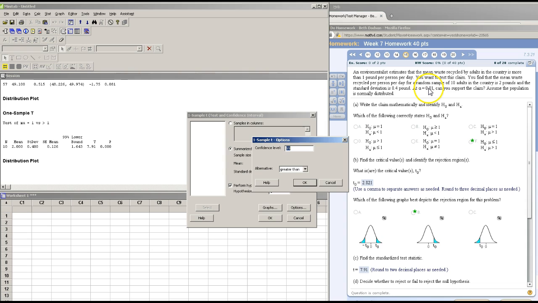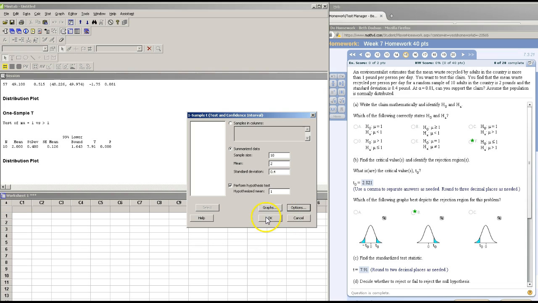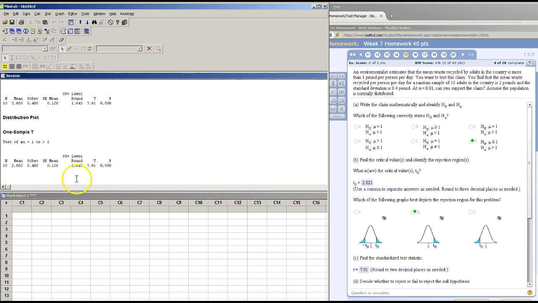But in the problem it's given to you as alpha of 0.01, so you need to do that conversion, in which it's just 1 minus alpha, or 100 minus this value, so it would be 99, the other side of that percentage. So our confidence level is 99. We're going to click OK. Click OK again. And here are all of your values.